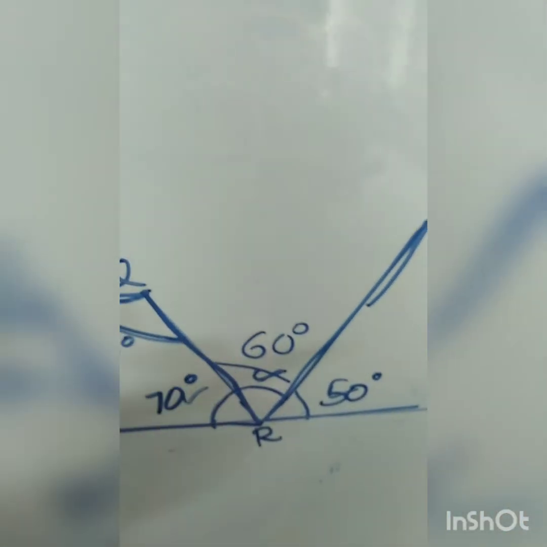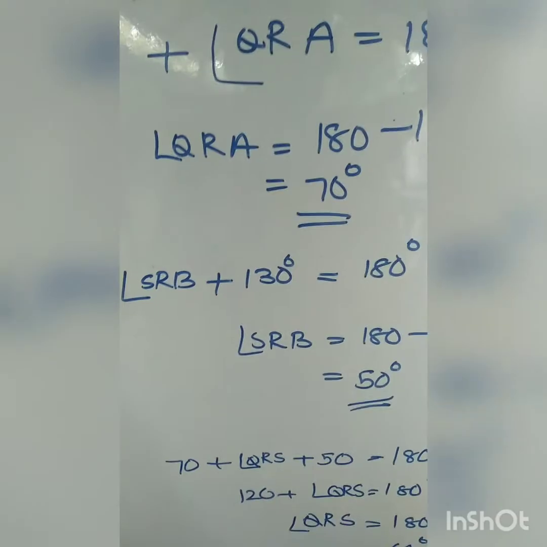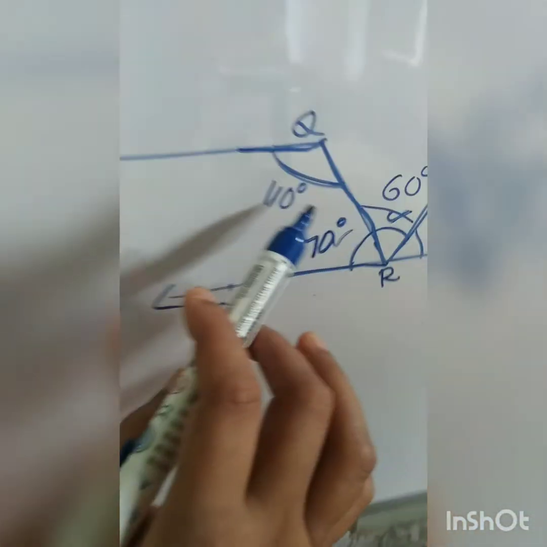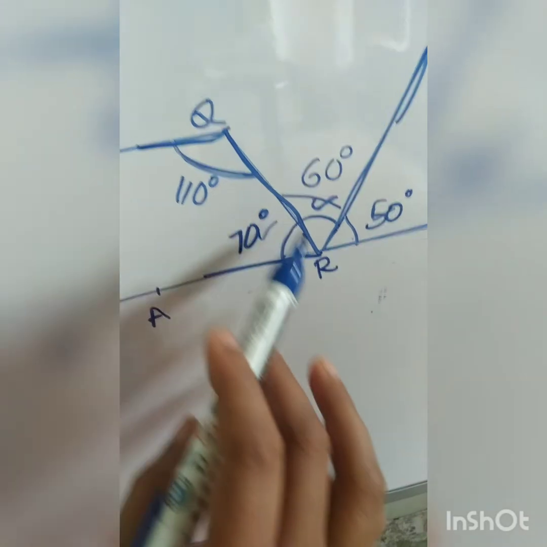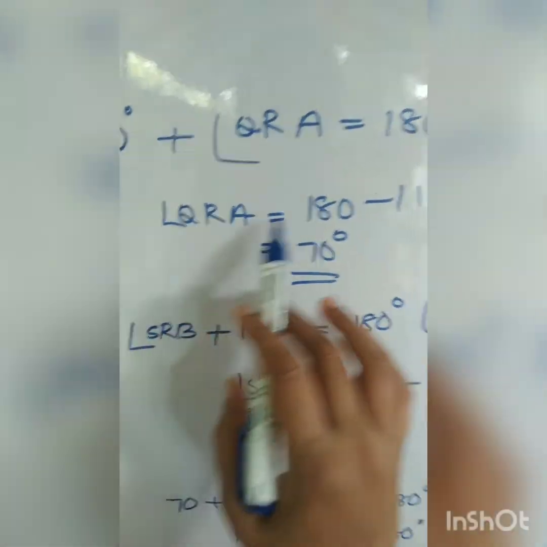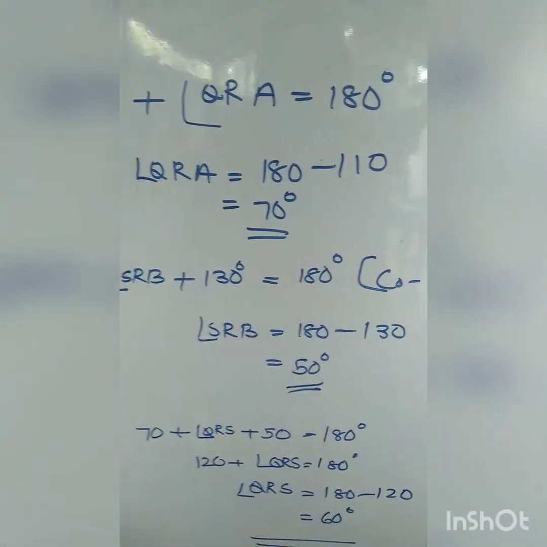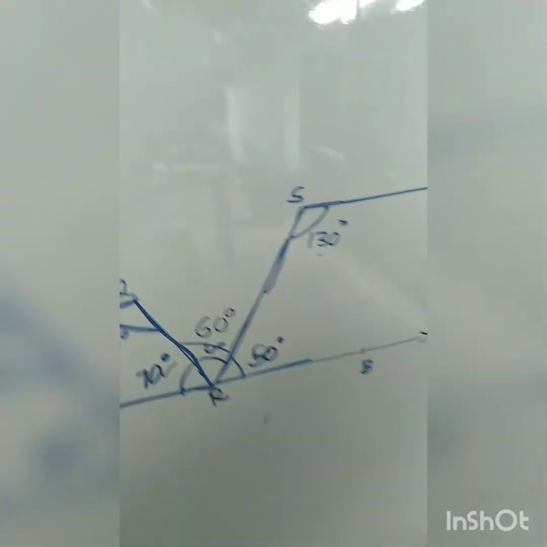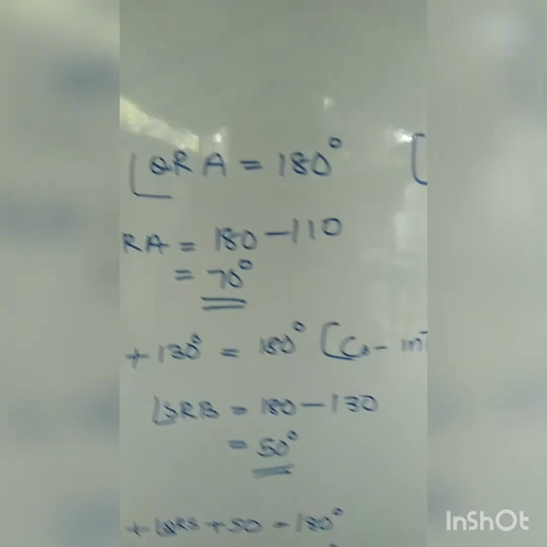Now you have to write it as steps. See, 110 degrees plus QRA is equal to 180 degrees, co-interior angles. So QRA is equal to 70 degrees. In the same way, 130 plus SRB is equal to 180 degrees.